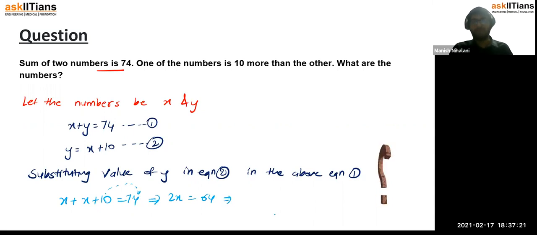Now divide, the coefficient here is 2. When you divide, you get x is equal to 32.